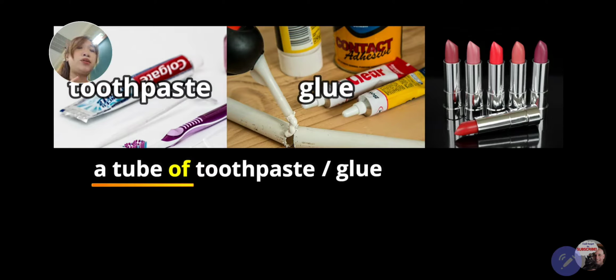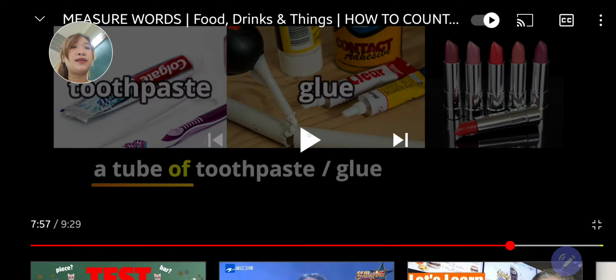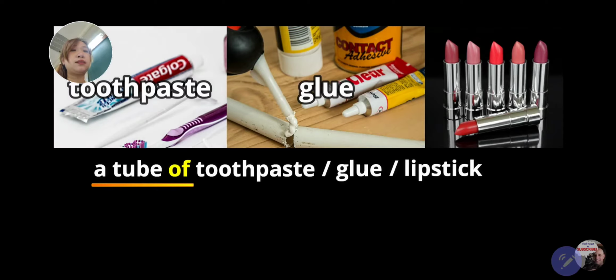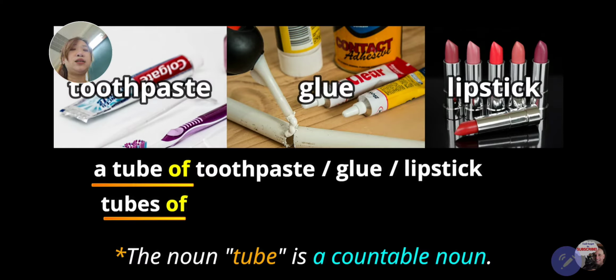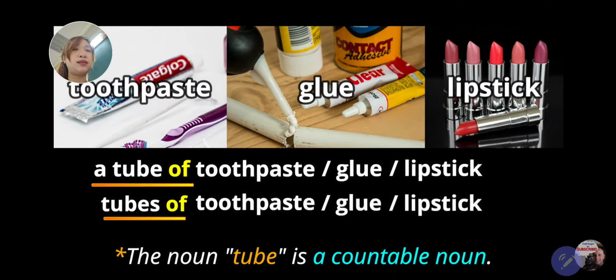For example, toothpaste, and some glue is in a soft tube that you can squeeze out. Lipstick, which you twist out, is also tube-shaped, so we call it a tube, okay? We even use it for a tube of lipstick. They come in tubes, right? So we say tubes, tubes of toothpaste, tubes of glue, or tubes of lipstick.